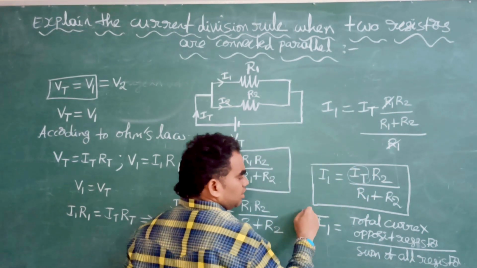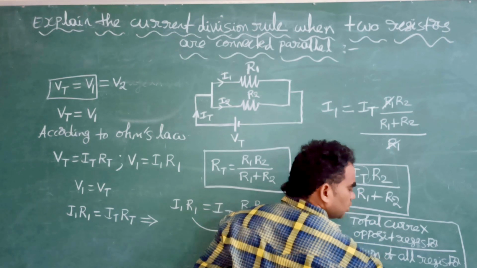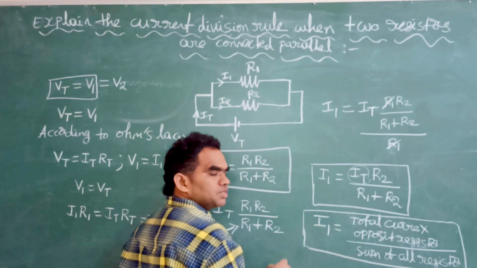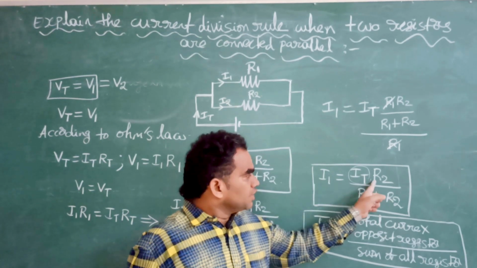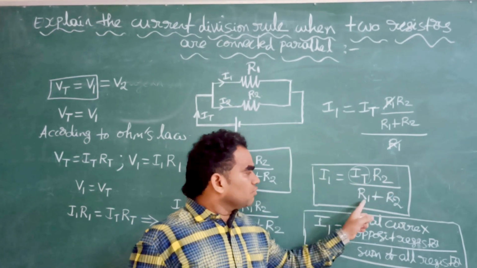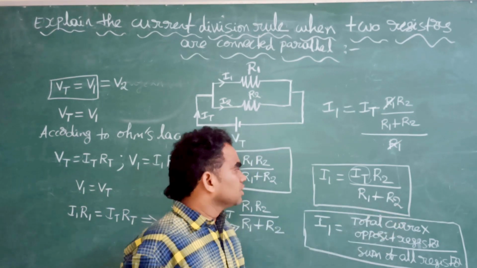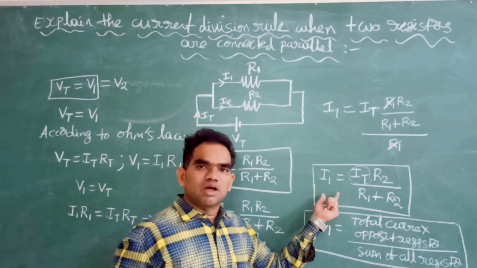This is the I1 formula in current division. I1 is equal to IT into R2 by R1 plus R2. Similarly, we find the I2 value.